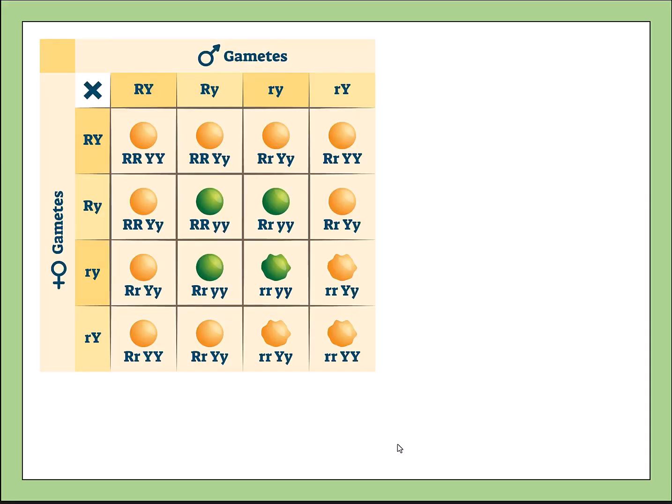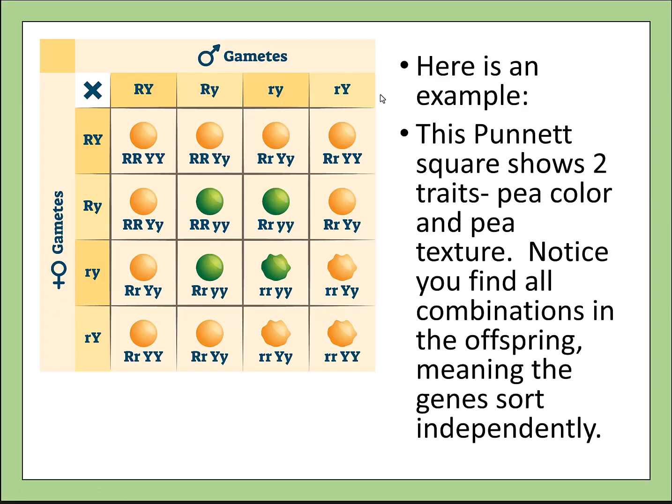So this is an example of a dihybrid cross where we're looking at two different traits, and there's no reason to freak out about this yet. We'll get to it a little bit later, but I just wanted to show you how traits can be sorted independently. So this Punnett square shows two traits, or a dihybrid cross.